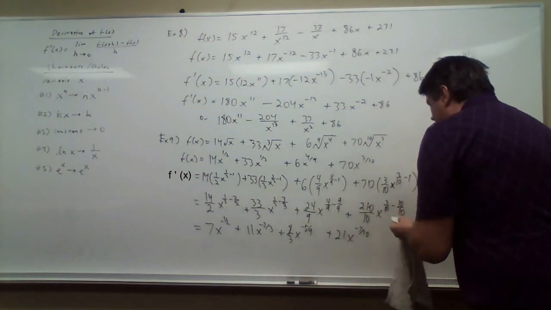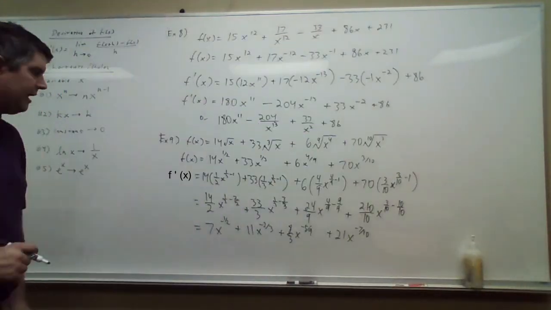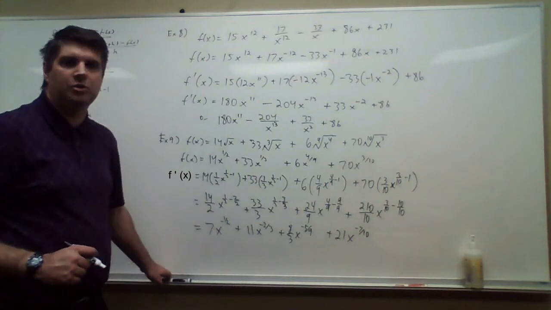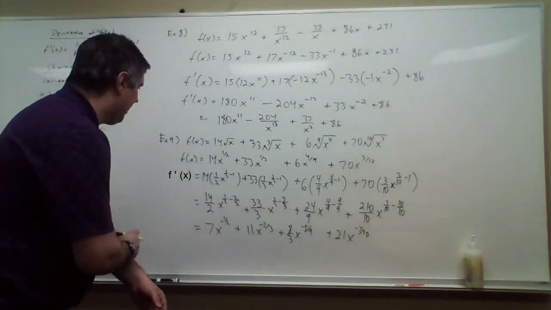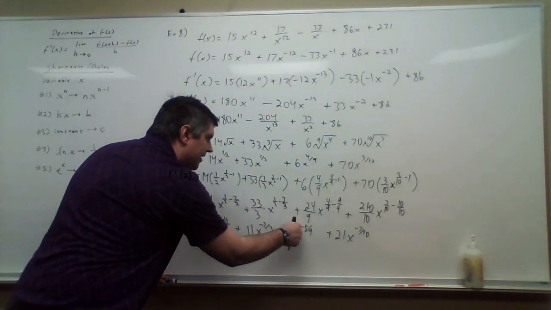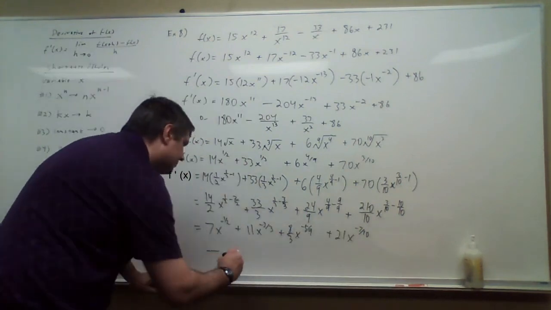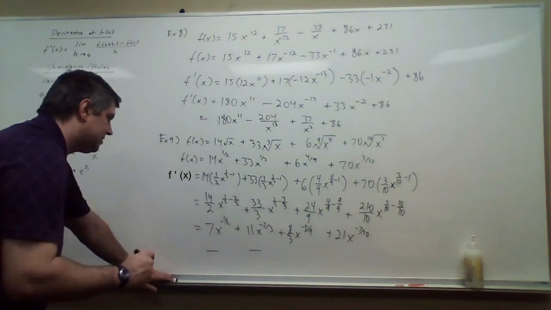Okay. Now, if you're required to put these back into radical and fraction notation with fractions, then here's what you're going to need to do. First of all, they all have negative exponents, so they're all denominators. Okay, and I'll do the rest of them later.